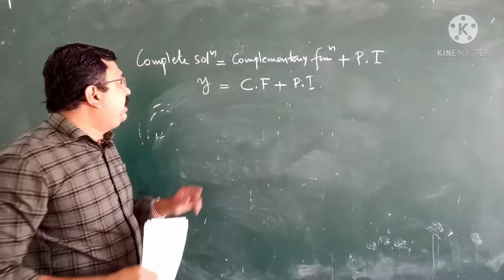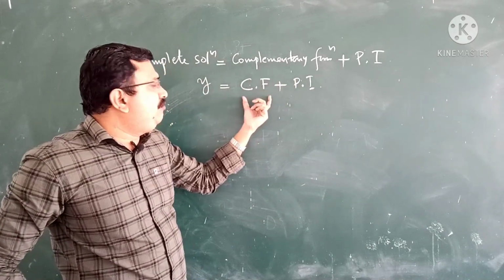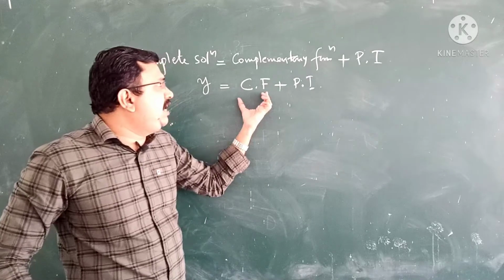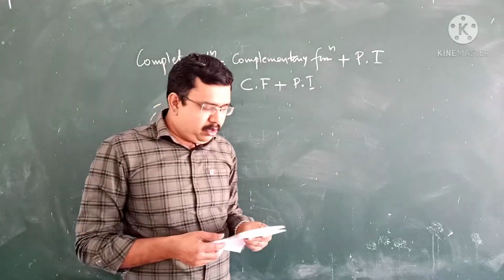To find the complete solution, first we find the complementary function, its short form is CF, plus PI, where PI means particular integral.